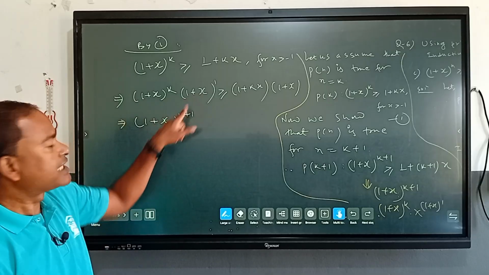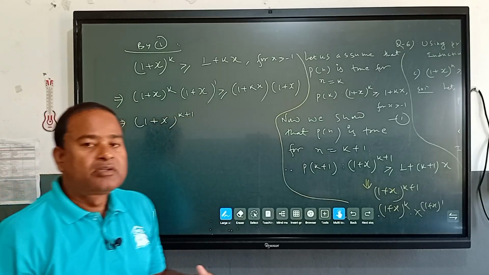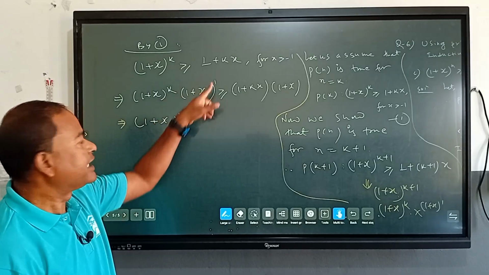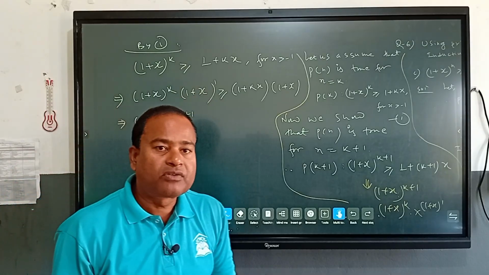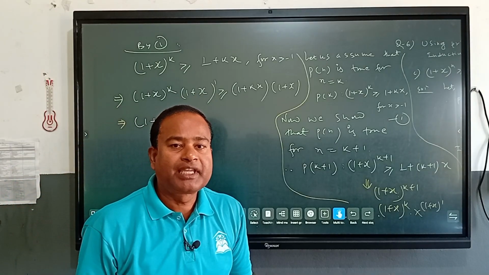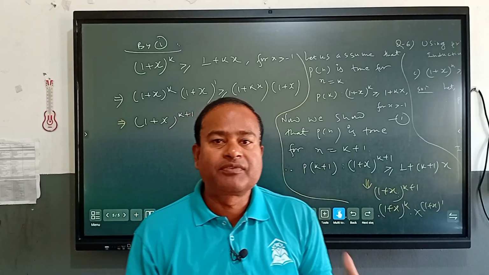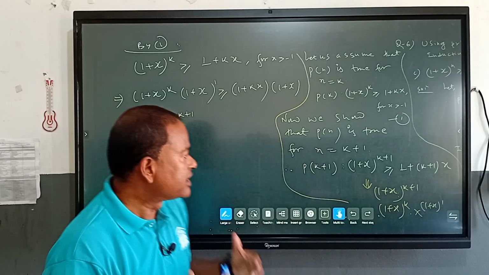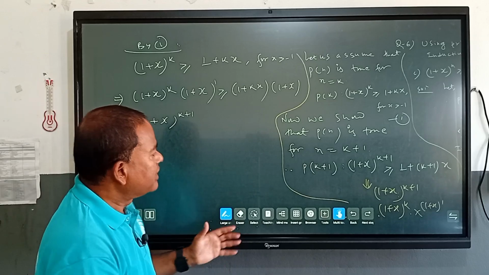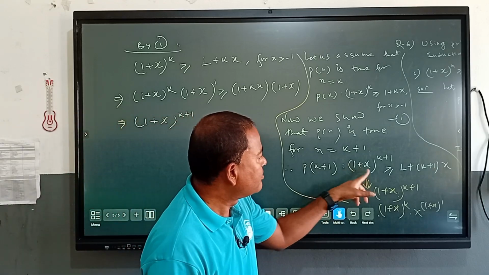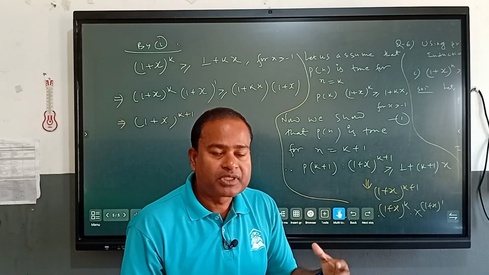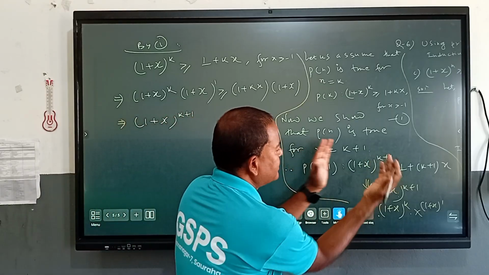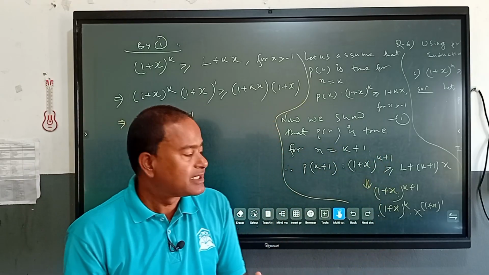So the bases are the same. According to the multiplication laws of indices, if the bases are the same, then we can add the powers. So the product of (1 plus x) whole power k and (1 plus x), we have got (1 plus x) whole power k plus 1. So dear students, exactly we have got (1 plus x) whole power k plus 1, which we need to prove. So already we have got the expression of the left hand side.